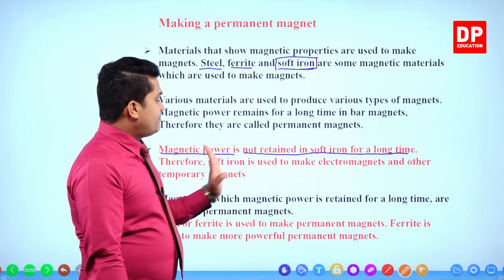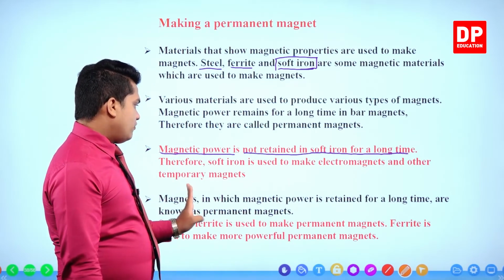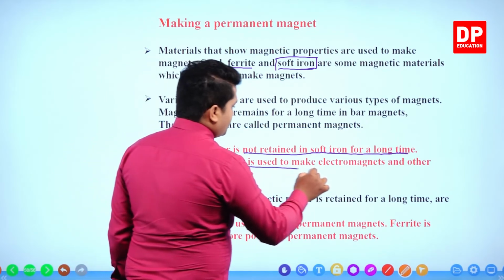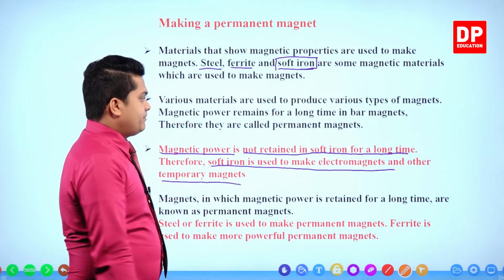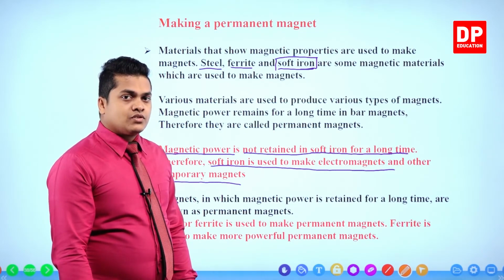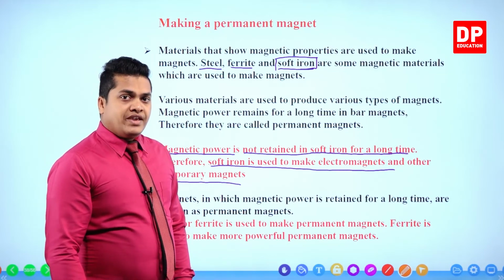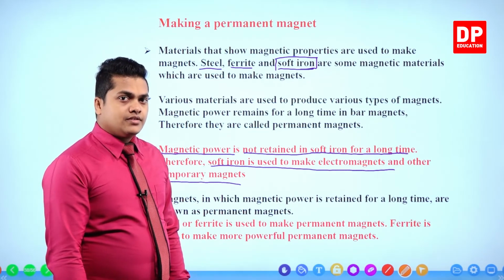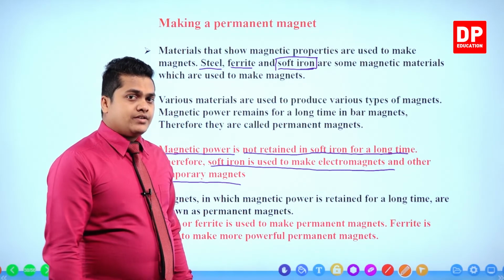Therefore, soft iron is used to make electromagnets and temporary magnets. Most of the times we use soft iron to make an electromagnet or else a temporary magnet. So that's the specialty in soft iron.